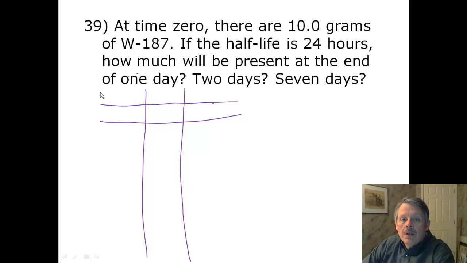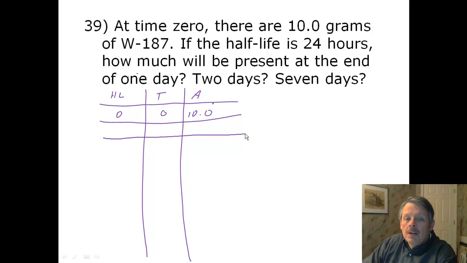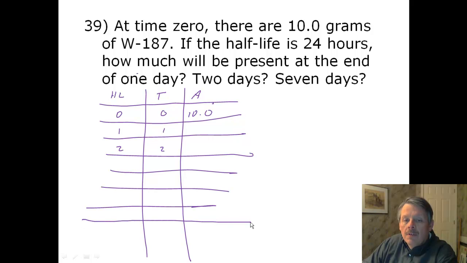All right, so my half-life, my time, and my amount. 0, 0, I have 10 grams. All right. So let's come down here at half-life 1, that's time 1, because it's 1 day, and that's 2 days, and 3, 4, 5, 6, 7, and that's how far I have to go.